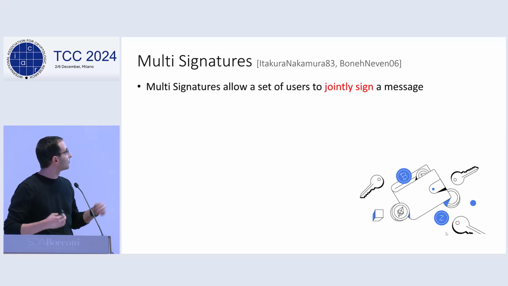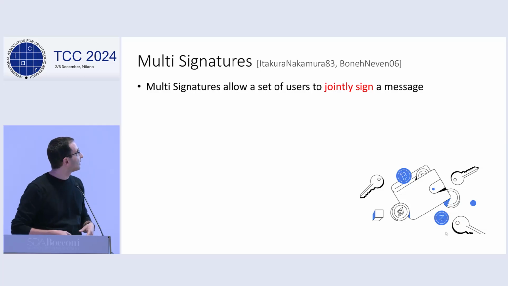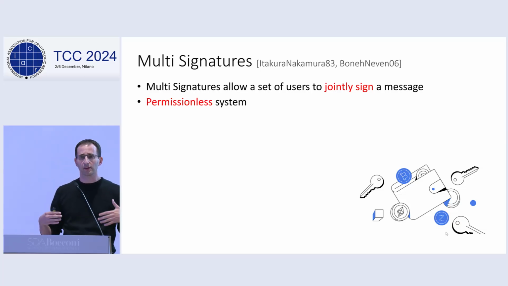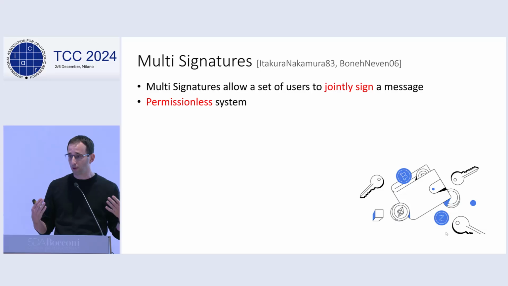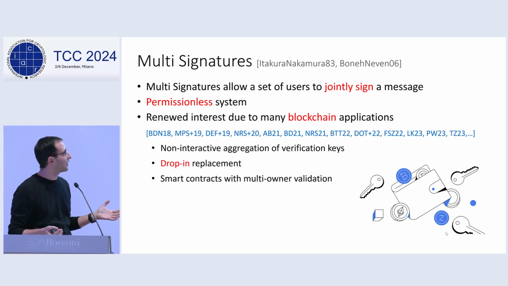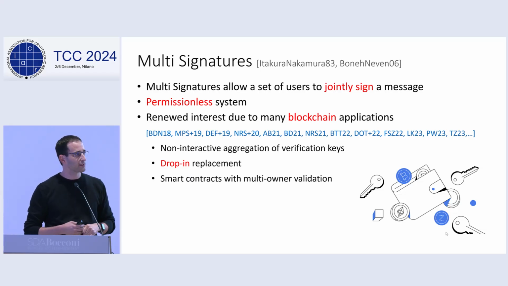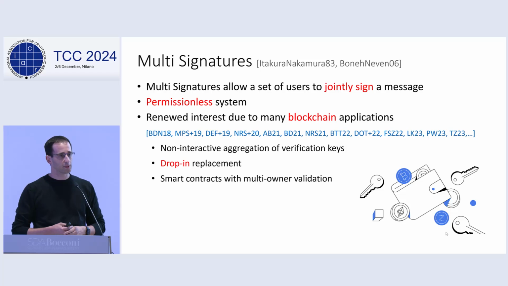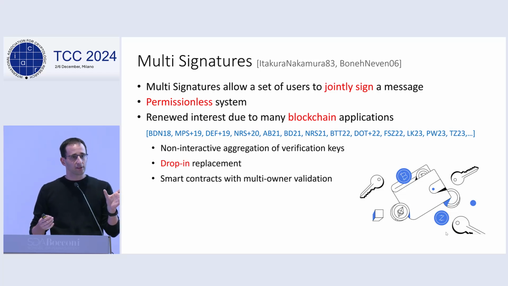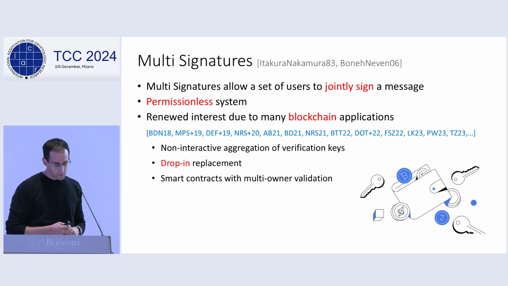Multi-sigs, these multi-signatures, allow for a set of parties to join. It's a permissionless system. Each party samples its own public key and verification key. In the last few years, we really saw a surge in demand for these, due mainly to blockchain applications, and mainly due to the fact that the aggregation and compression of the verification key is non-interactive.